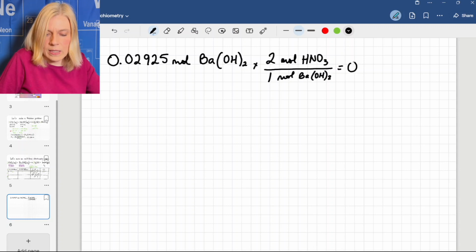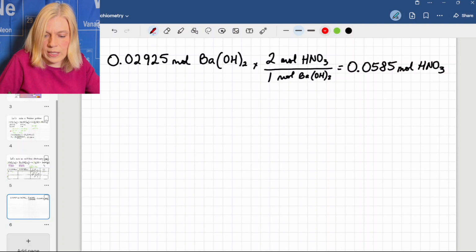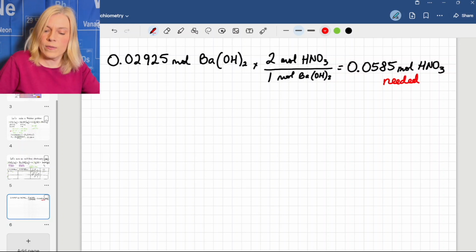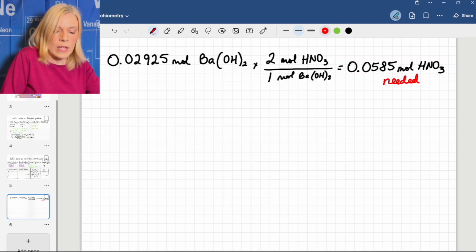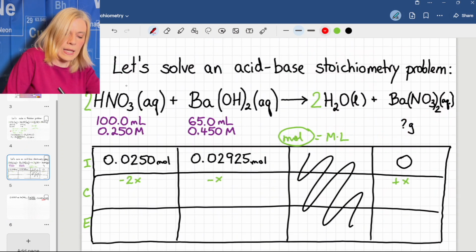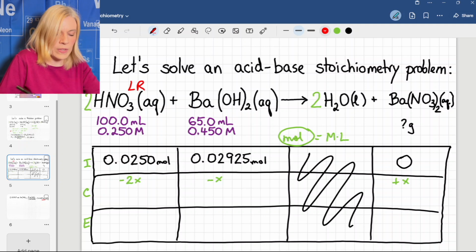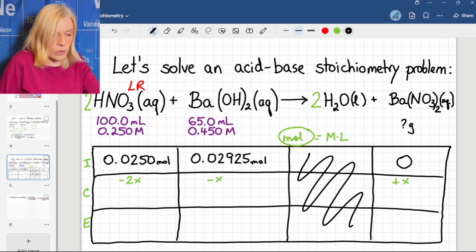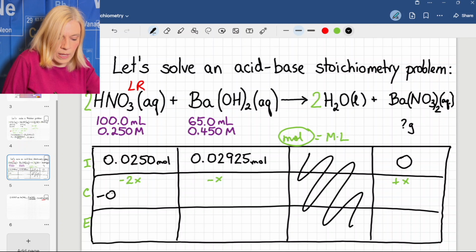And that means 0.0585 moles of HNO3, nitric acid, is, this is important, needed. Let's write it in red. Needed. I need 0.0585 moles. Now let's look here. What do I have? Oh, wow, I have way less. So that means my acid is my limiting reactant. And by definition, the limiting reactant will be all used up. So I'm going to use up 0.0250 moles.